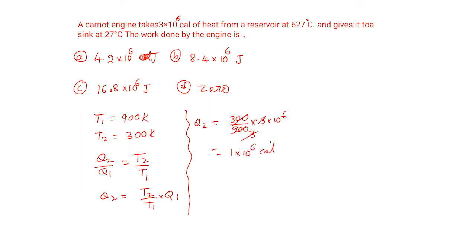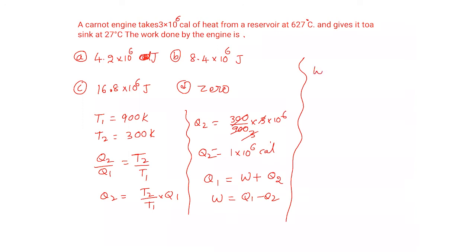This is Q2. Now, what is the formula for work done? If Q1 is the total amount of heat supplied, out of that Q1, some amount of work will be done and the remaining heat energy is rejected to the sink. So W, work done, is equal to Q1 minus Q2. We have the Q2 value and the Q1 value.